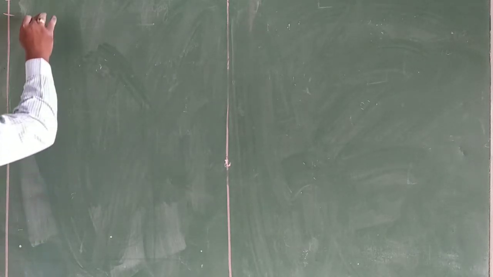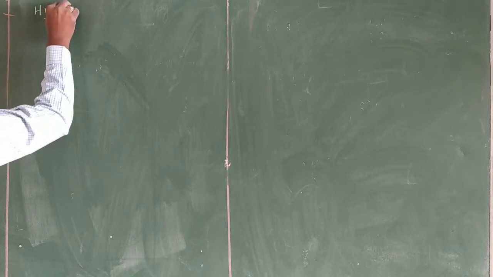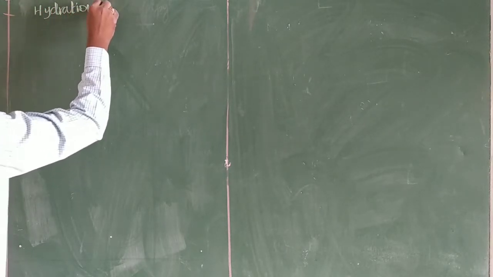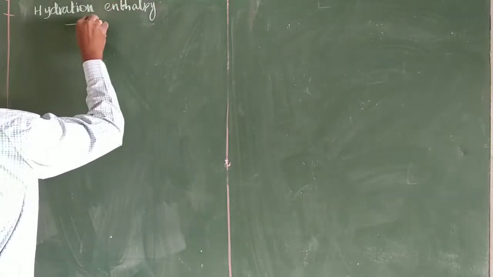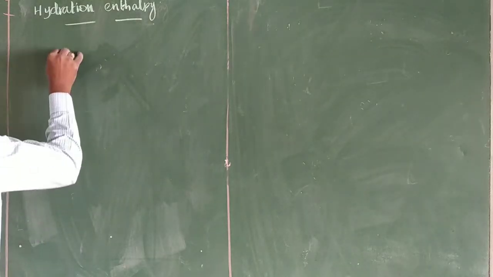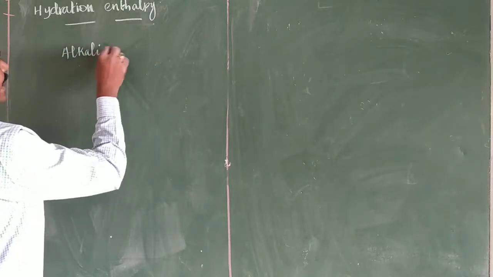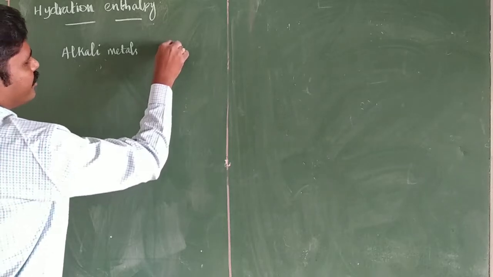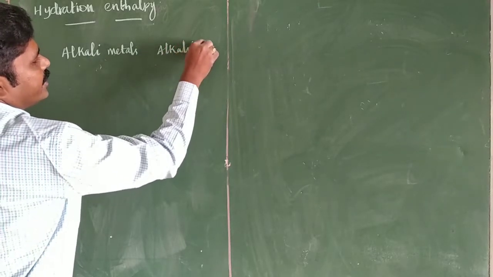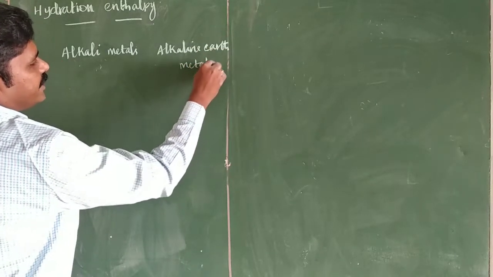Okay, students. The next characteristic of alkaline earth metals: hydration enthalpies. Compare alkali metals and alkaline earth metals.